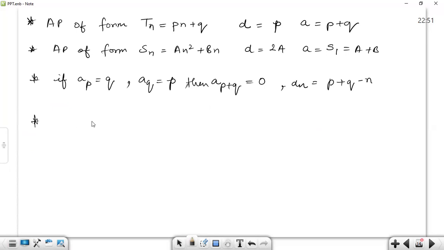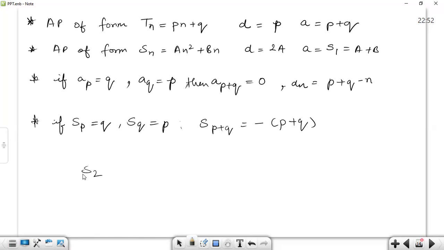Moving to the next property, which says if the sum of p terms is q and the sum of q terms is p, then the sum of p plus q terms will be equal to minus of p plus q.